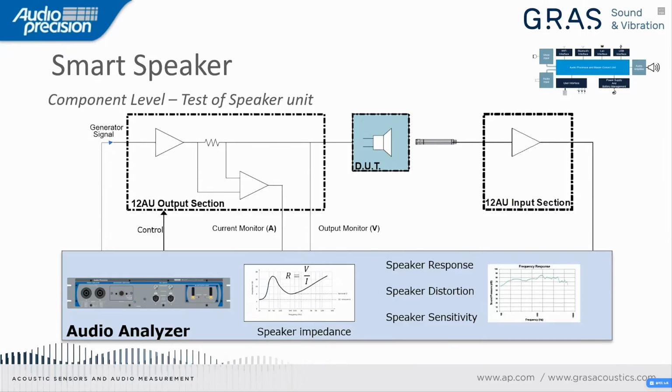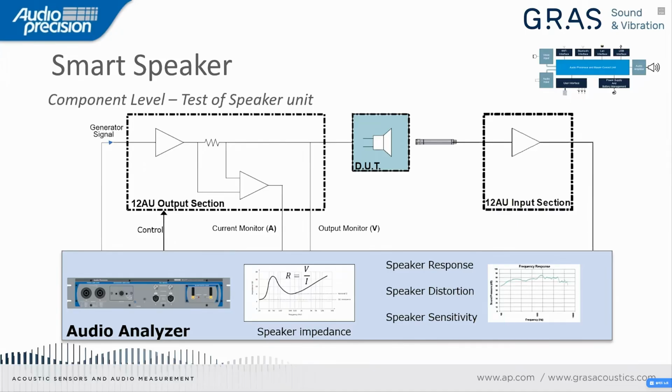If your amplifier can't drive the speaker you have selected, then the whole smart speaker will probably not fulfill the requirements you have set up during your development phase. Therefore, the speaker impedance is an important parameter.